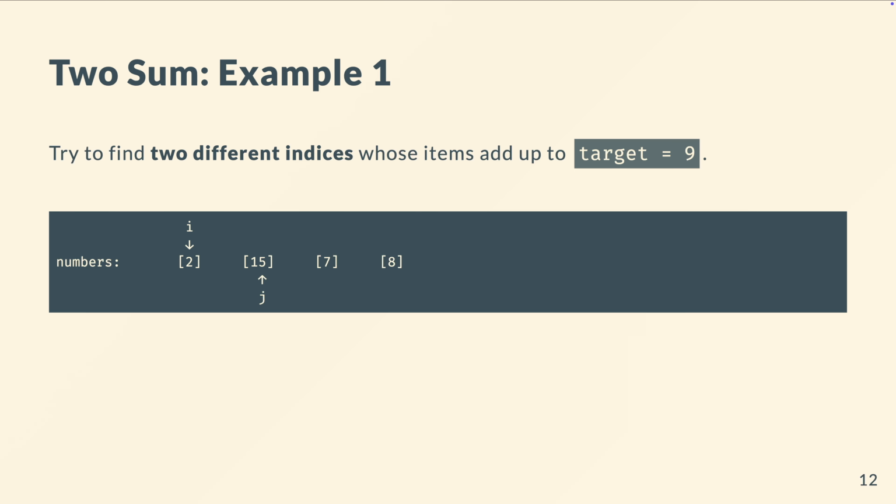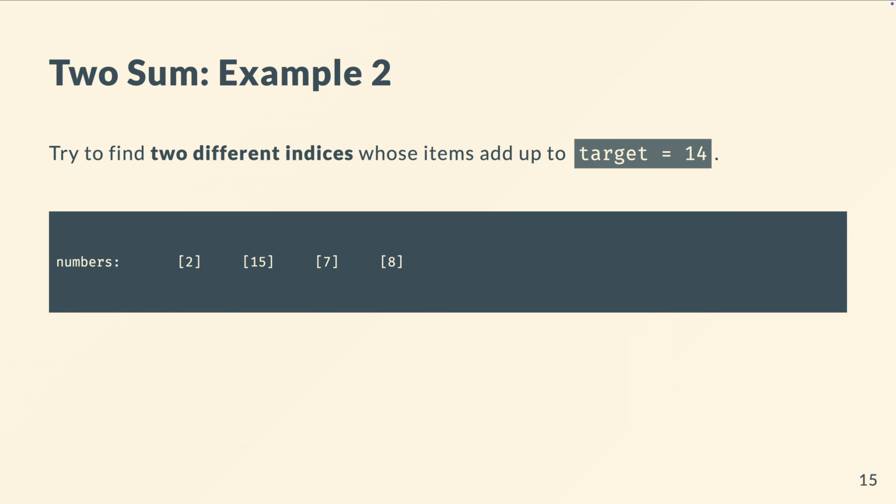The 2 pointed items are 2 and 15. Their sum is not 9. Move j to the next. j points to 7. 2 plus 7 equals 9. Great, the sum equals the target. So for target 9, we found a pair. The output is true.